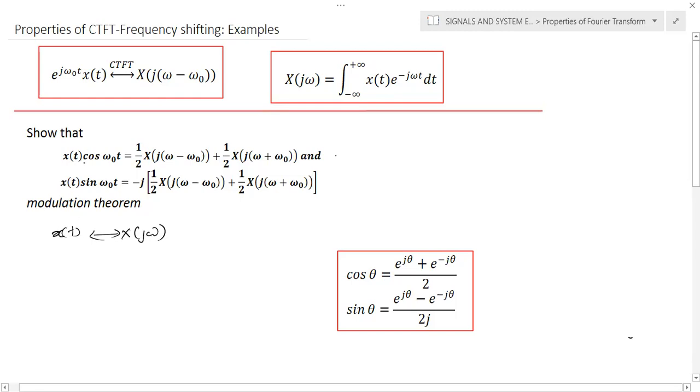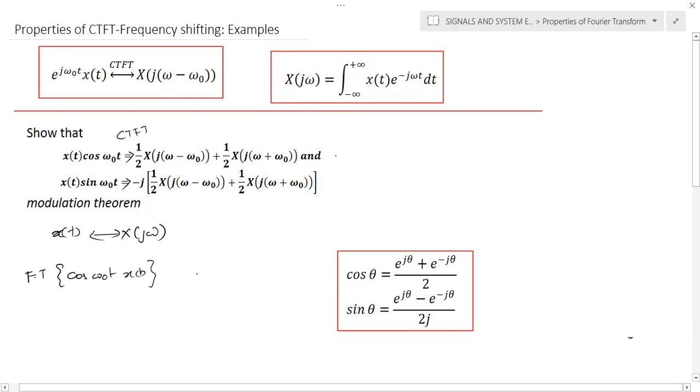Now we can find the Fourier transform of the signal cos omega 0 t into x of t.